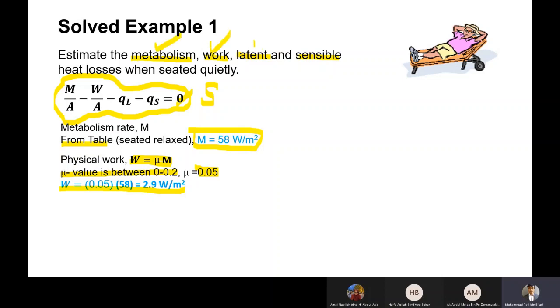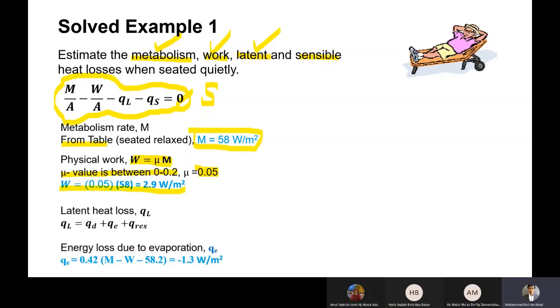Next we do the latent heat. Latent heat has three parts: QD, QE, QRS. We go with QE, the easiest one. This is a function of M and W. We use this and we get negative 1.3 watts per square meter. Why we get negative in this case, I don't know exactly, but it might be because there is no evaporation.